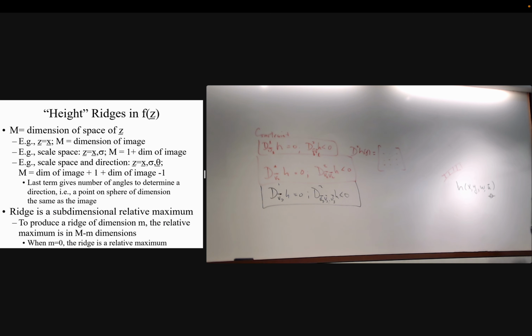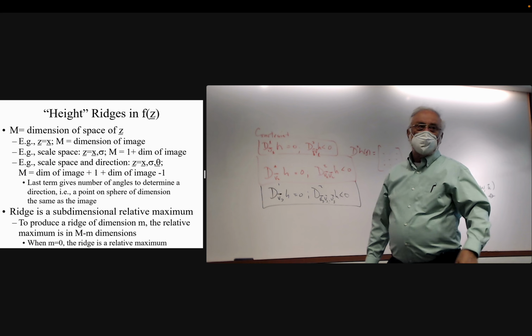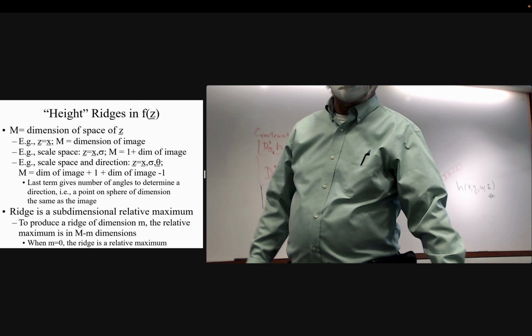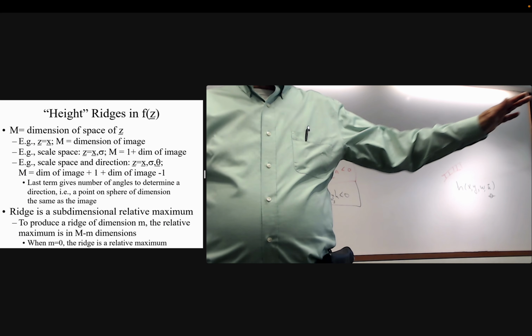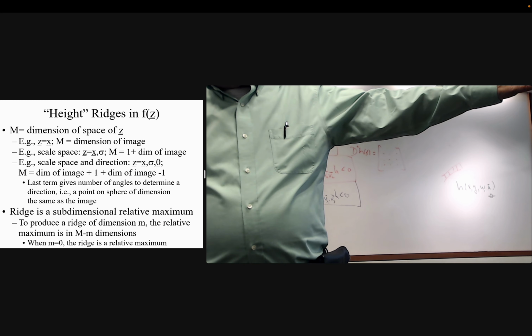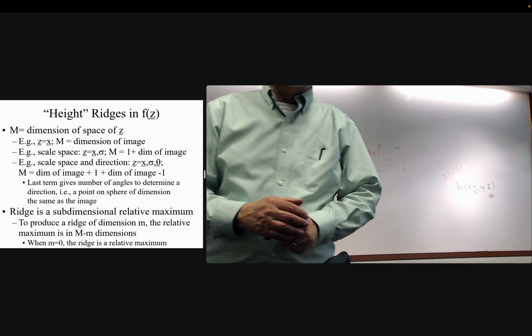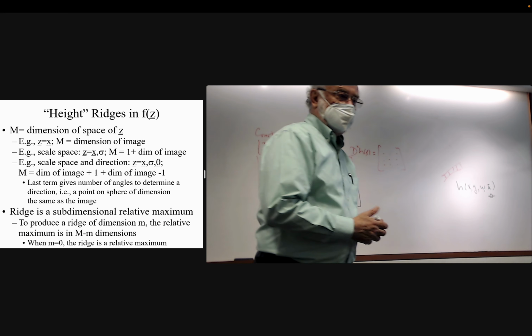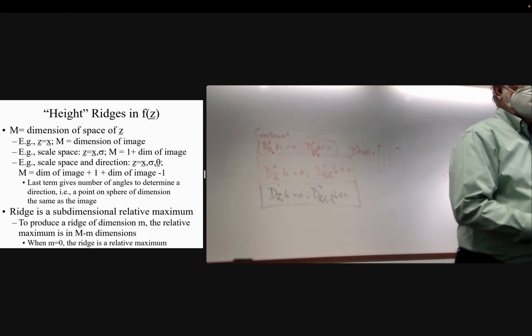All right. Well, at this point, we can talk about this generally. You have a big M, you have a little m, you have a scalar function of big M variables, and you need big M minus little m constraints.